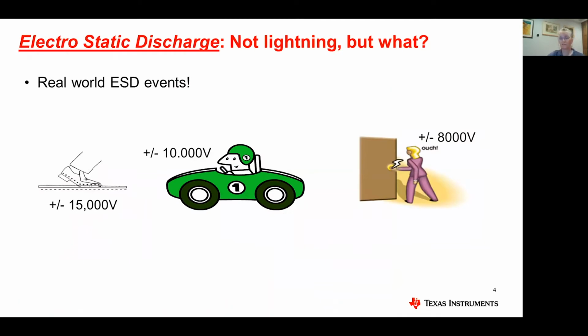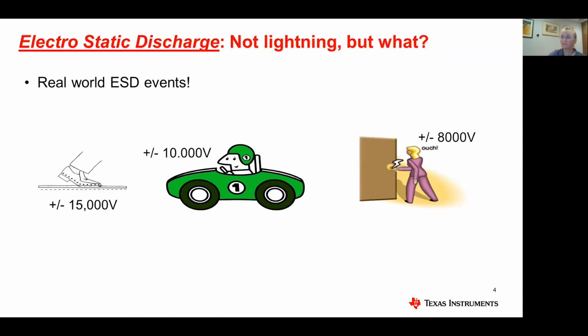So electrostatic discharge, it's not lightning. So what is it? It is something that we are also all familiar with in our everyday lives. It's a real world event, whether it's walking across a carpet in a casino in Las Vegas, or sliding into the car and then stepping out of our car, touching the metal frame, we've often felt the discharge event, or just discharging to a metal object like a door handle.